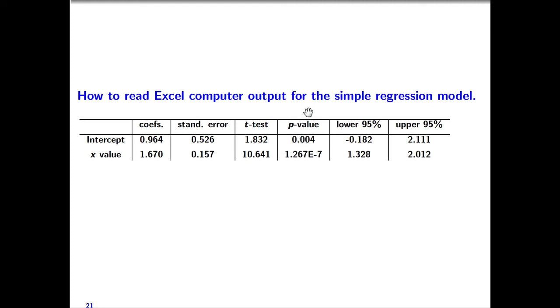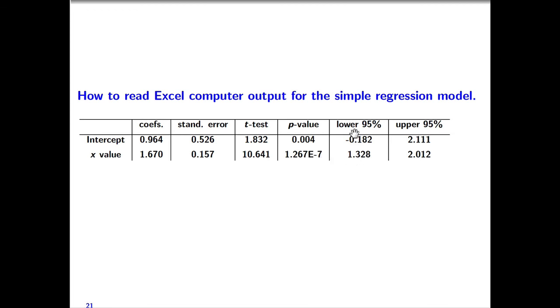And this is the p-value associated with our hypothesis testing. For testing beta 1, you're going to have 1.267 e to negative 7. This is a scientific notation for 1.267 times 10 to the minus 7, and it is literally 0.